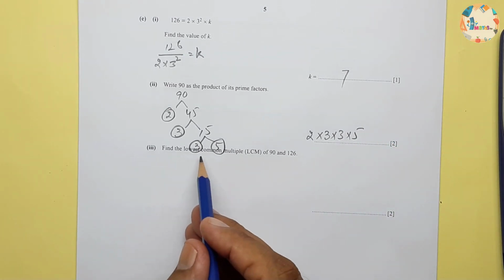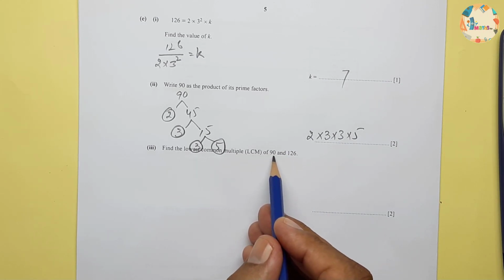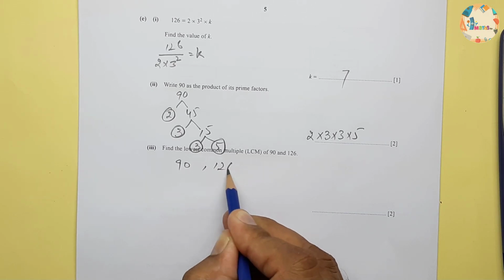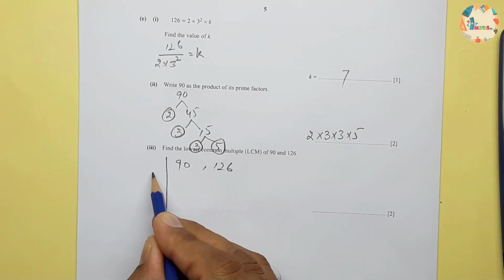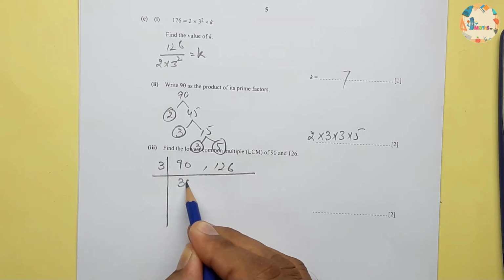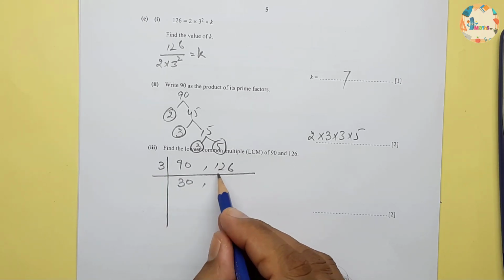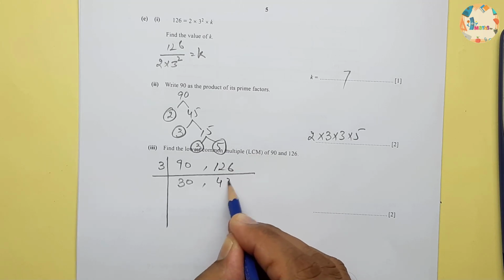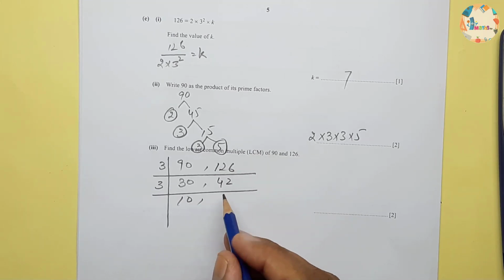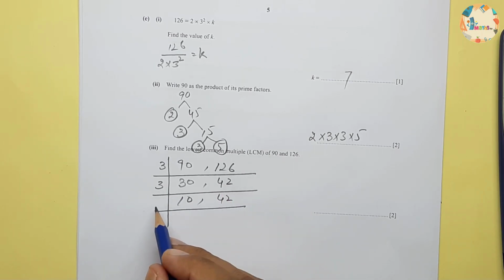Find the lowest common multiple, LCM, of 90 and 126. So we will write 90 and 126, and we will use the division method. We can divide this by 3, so 30. Then 126, this will be 3 4s are 12 and 3 2s are 6. Then 3 again, this will be 10, and this will be 42 as it is, because this is not completely divisible by 3.